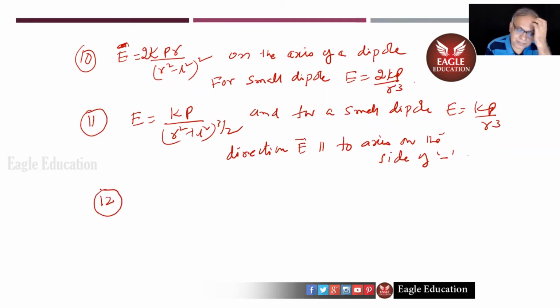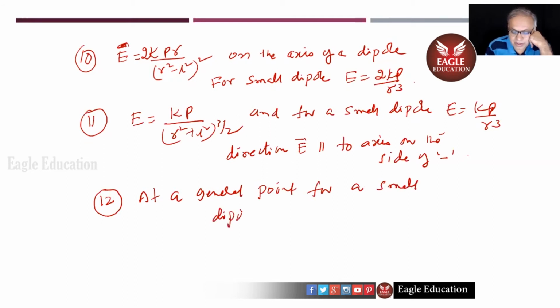12th. In general, at a general point, for a small dipole, that is when L is less than R, tell me the formula, Abhinav.